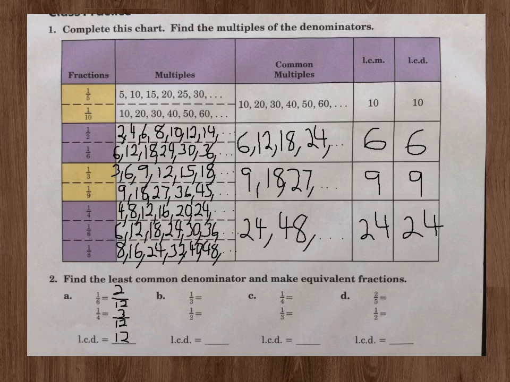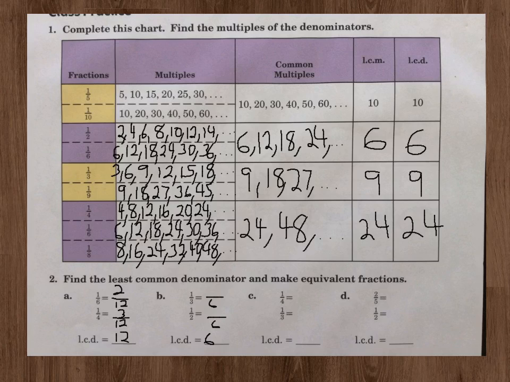Alright, let's do the next one. What do both 3 and 2 go into? Our LCD for 3 and 2, our lowest common denominator for 3 and 2. 3 and 2, they both go into 6. So we're going to have 6 as a denominator. 3 times what equals 6? 3 times 2.